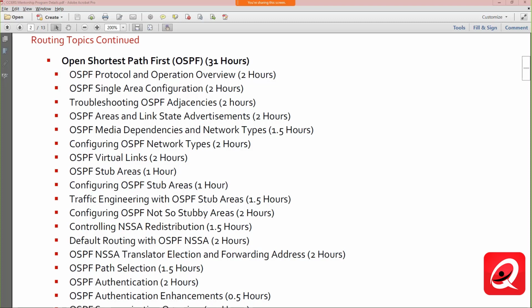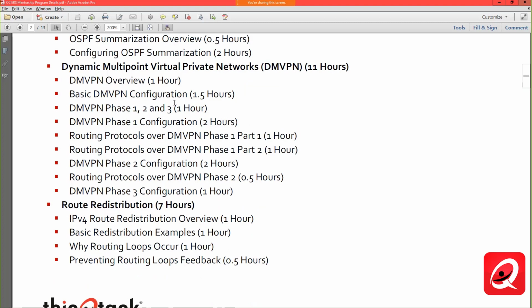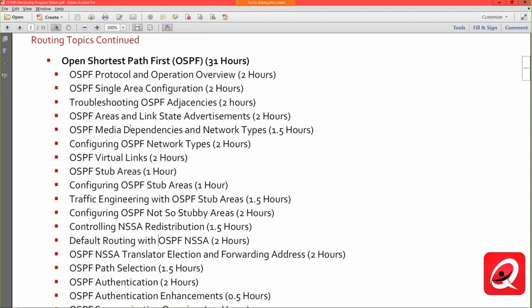Those are all of the primary LSA types that we're going to see in a v4 OSPF network. There are some other LSAs that go beyond that, 8 and 9, for example, and some LSAs that are used for IPv6, but we'll get into that discussion when we get into setting up OSPFv3. Let me see, do we have a specific lesson for OSPFv3? If not, I'm going to add that.